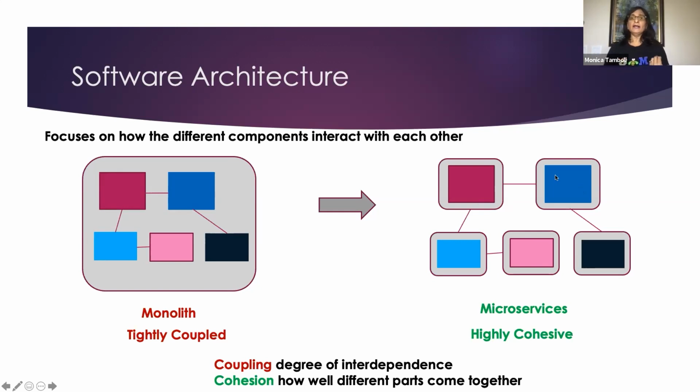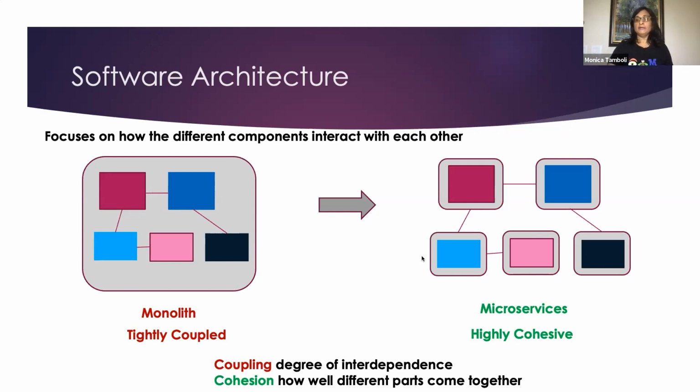Why this is important is because these days, as we talked about, we want all new features done quickly, and containers and cloud are becoming popular. This new architecture of microservices works really well in that.